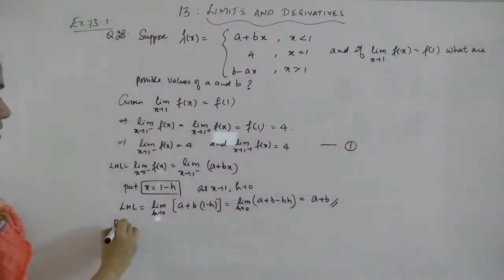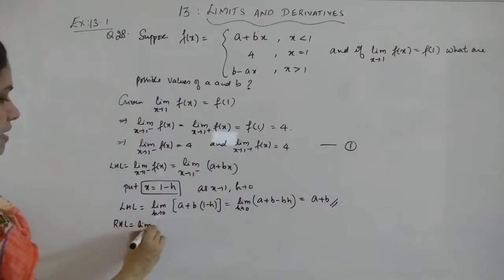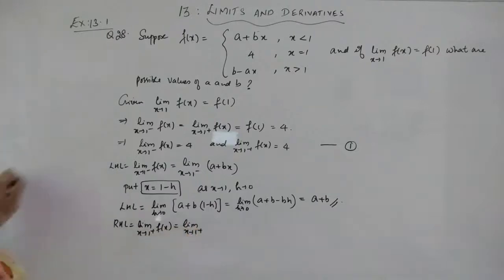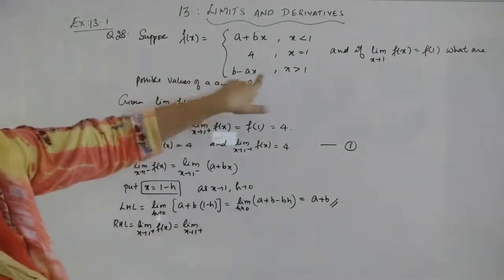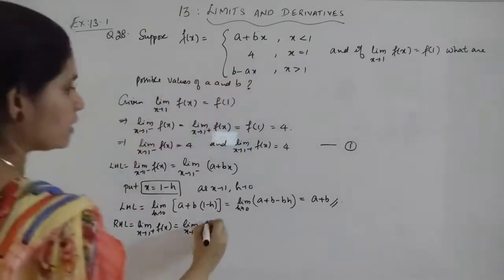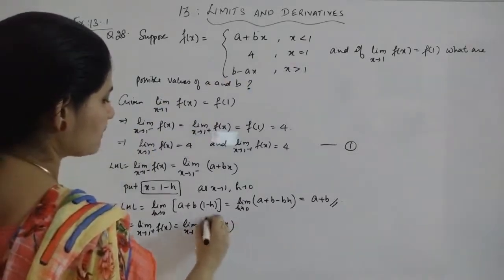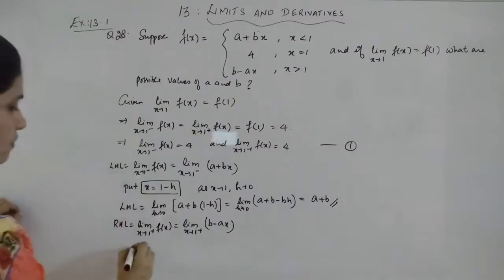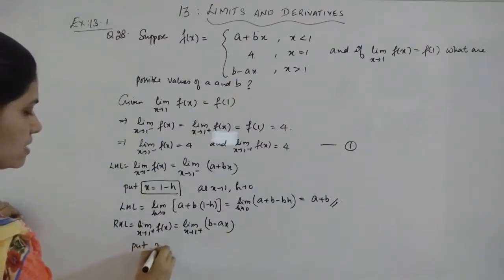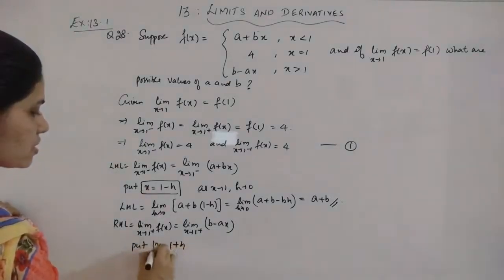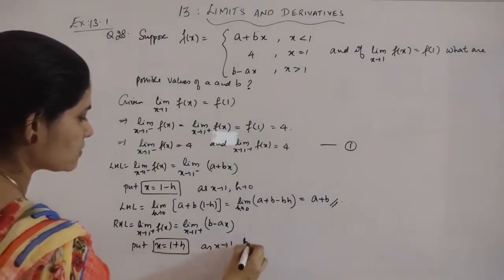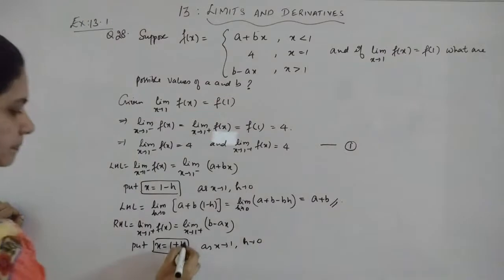Now we will find out what is RHL, which is limit x tends to 1 plus f of x equal to limit x tends to 1 plus, and here x is greater than 1 means you have to replace with the function value as b minus ax. Now again, if I am substituting in terms of h, what I need to replace with is x is equal to 1 plus h. Now when x tends to 1, again h will tend to 0 here, right?